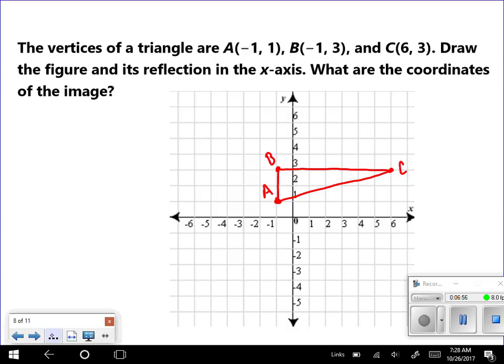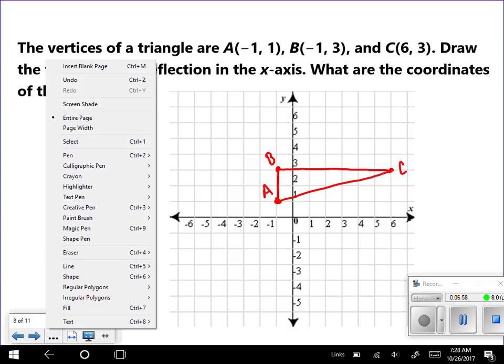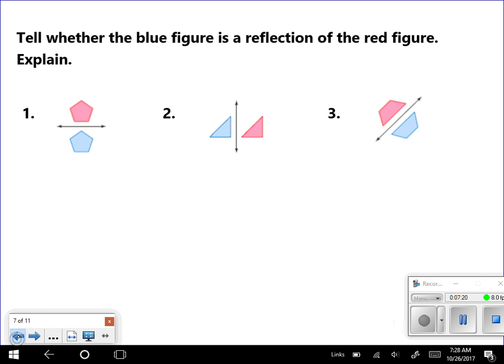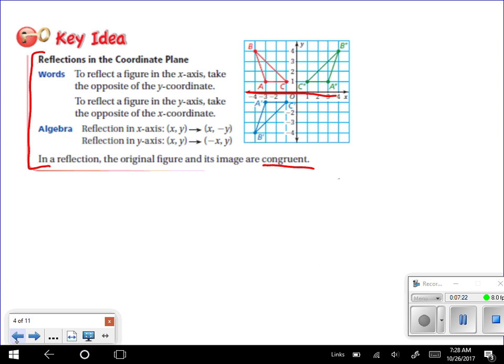Okay, we are going to reflect this across the x-axis is what it's asking us to do. So, I can figure out my points right away. If my original points are here, and I'm reflecting across the x-axis, if you look back at your notes, back to this slide, it tells us if we're reflecting across the x-axis, we change our y-coordinate to its opposite.